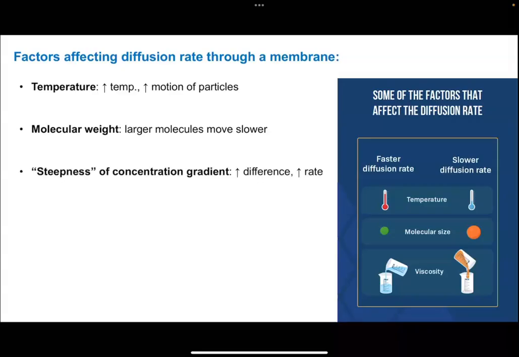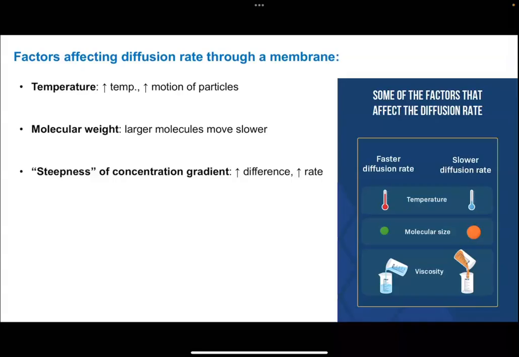The steepness of the concentration gradient, what we mean by that. If you have 100 molecules on one side and only 2 on the other side of the membrane, that's a fairly steep concentration gradient.